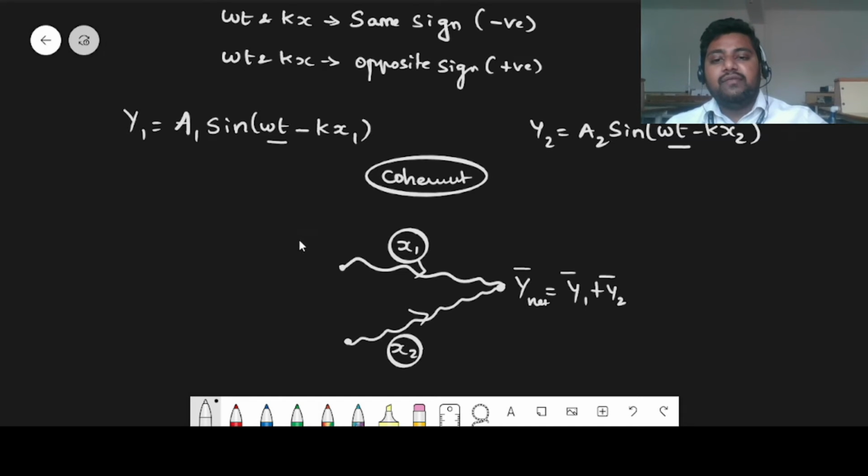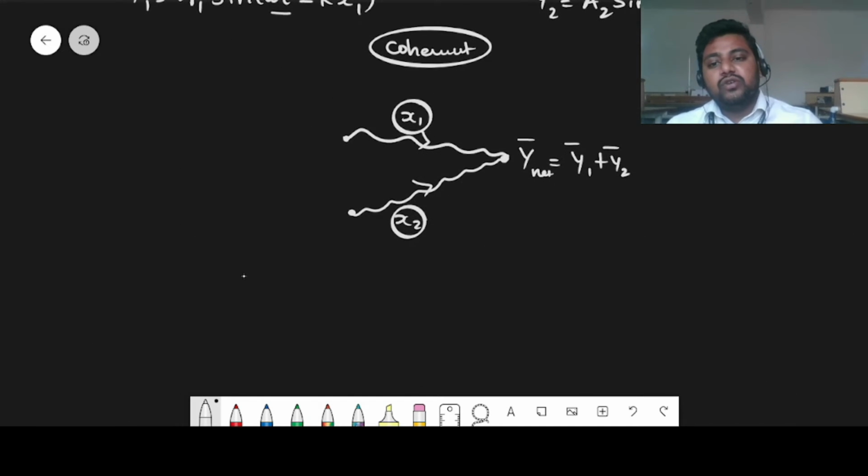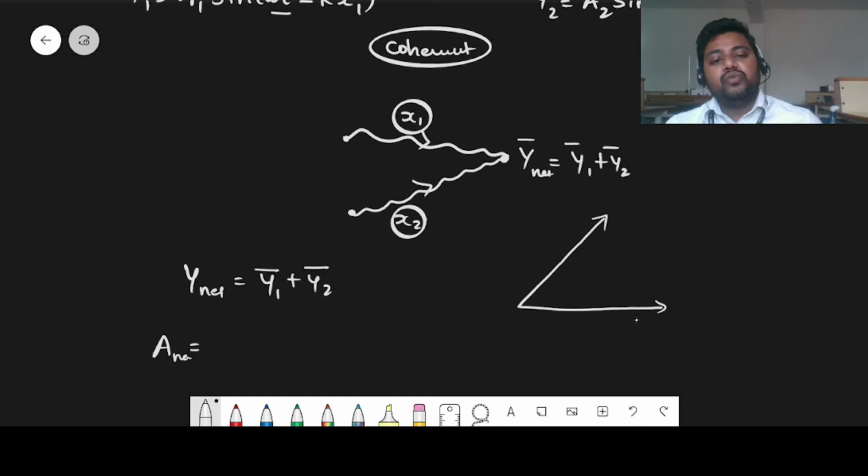So y net is y1 bar plus y2 bar. Now the net amplitude, since amplitude is a vector and there is a phase difference between these two waves, the angle between those two amplitudes A1 and A2 can be written as delta phi, or phi.